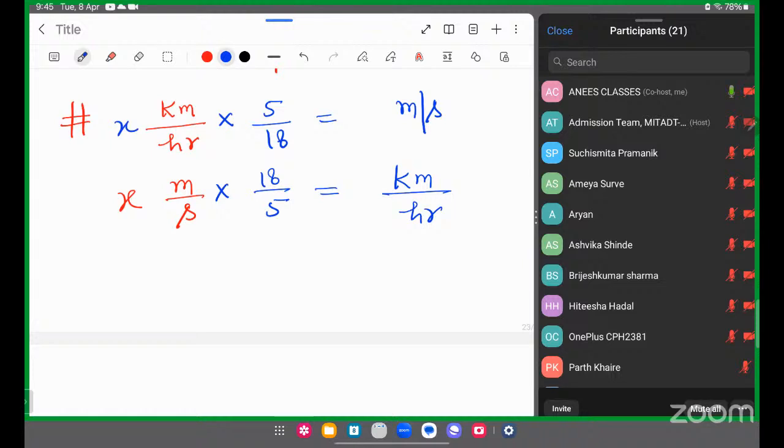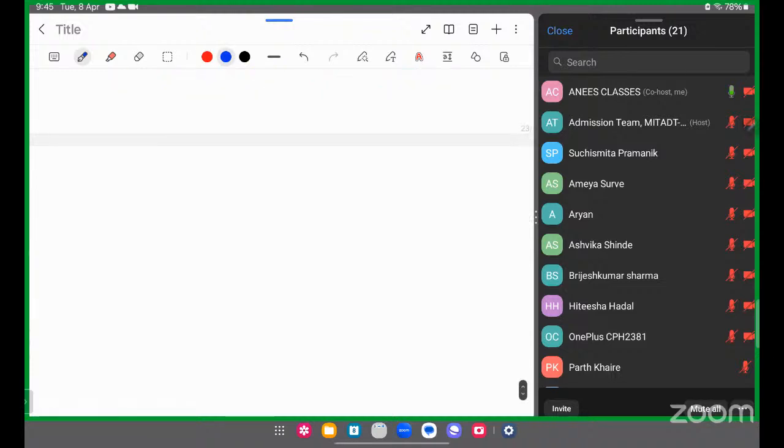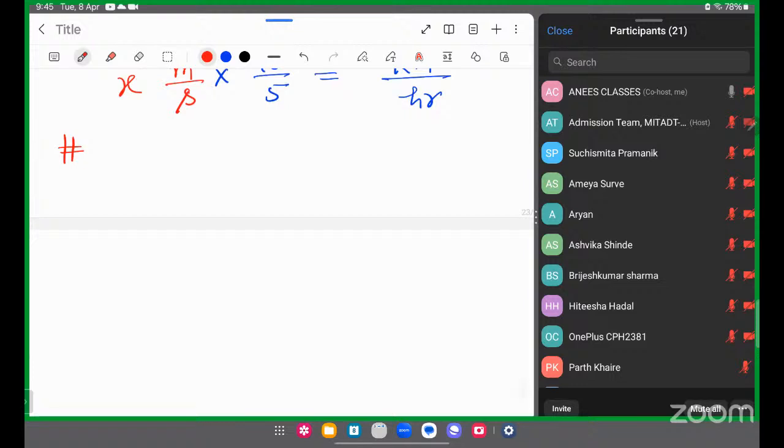if it is given in x meter per second, then multiply by 18 by 5. This will be in kilometer per hour. Next point is ratio of time.